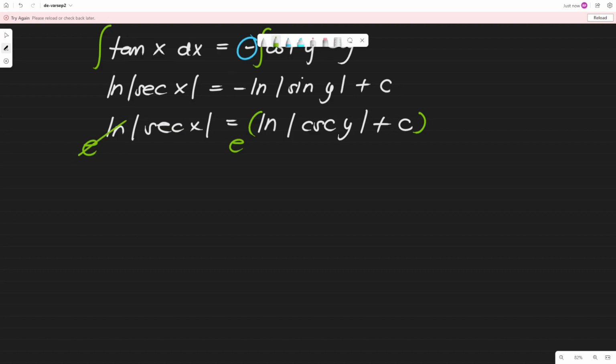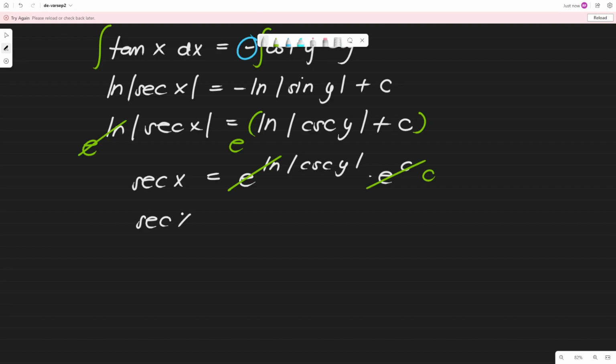So, we have canceled this one. So, we have secant x is equal to e raised to ln ng cosecant y times e raised to c. And alam naman natin, cancel to, then this is of course, another arbitrary constant.